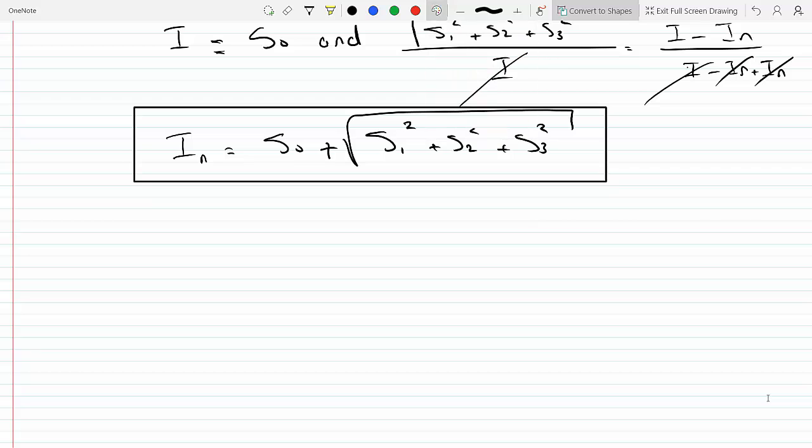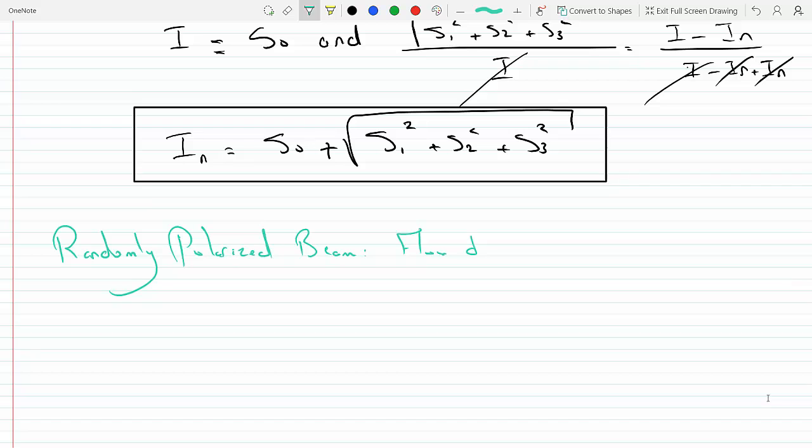So this is a randomly polarized beam with flux density 4.